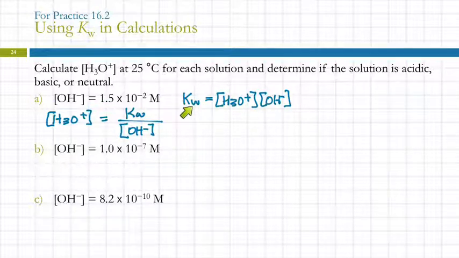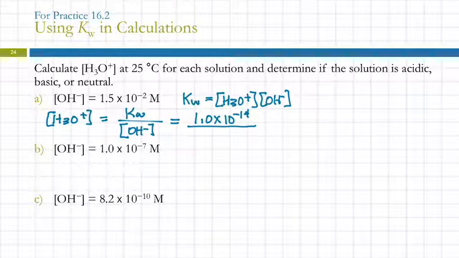So I took this expression and I divided both sides by hydroxide. So then, to find the hydronium ion concentration, I take Kw, 1.0 times 10 to the minus 14. That is one that you should remember. 1 times 10 to the minus 14.